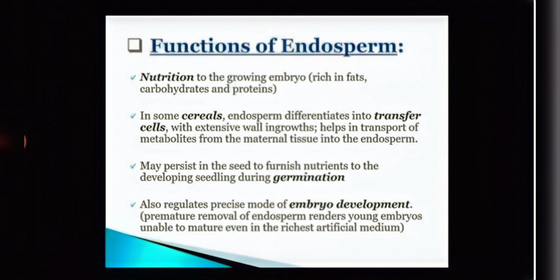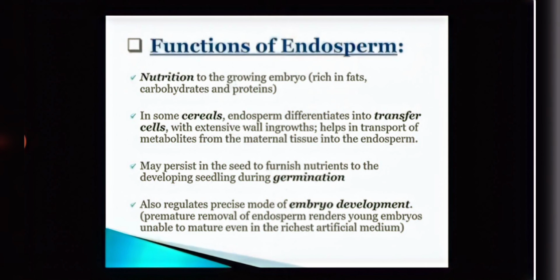In some cells, the endosperm differentiates into transfer cells with extensive wall ingrowths, which help in transport of metabolites from the maternal tissue into the endosperm. It may persist in the seed to furnish nutrients to the developing seedlings during germination.